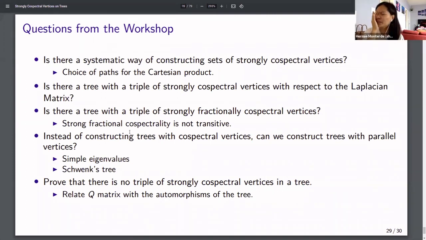Emanuel, in K2 Cartesian P3, you have 4 strongly cospectral vertices, right? Yep. Emanuel and Sophia, is it possible to get just 3 pairwise strongly cospectral vertices in Cartesian products? Or does it always have to be a power of 2? I don't know about Cartesian products, but Gabriel showed us an example of a graph which contained 3 strongly cospectral vertices.